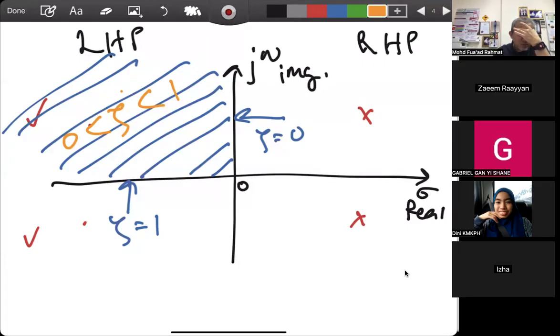Dini, what is the difference between breakaway point and break-in point? From the slide that you showed earlier, the breakaway point is where the green line and the blue line separate.